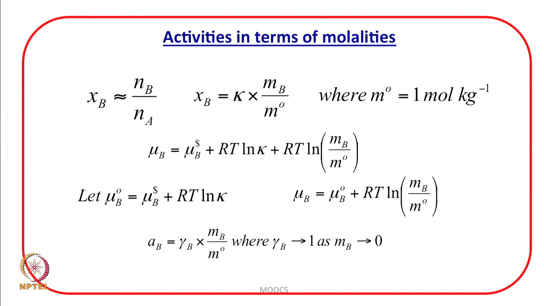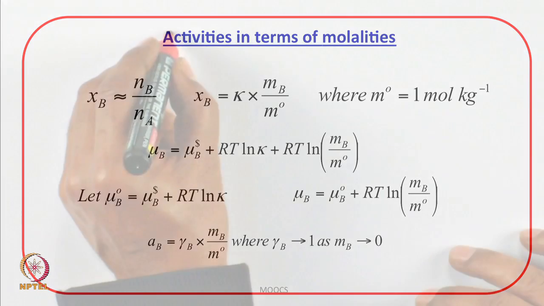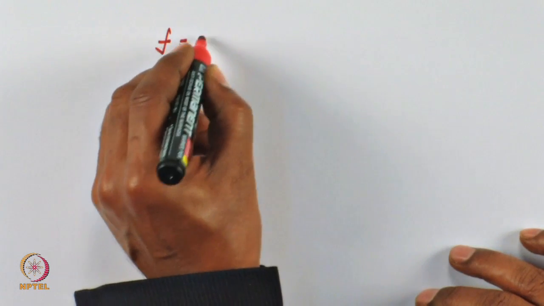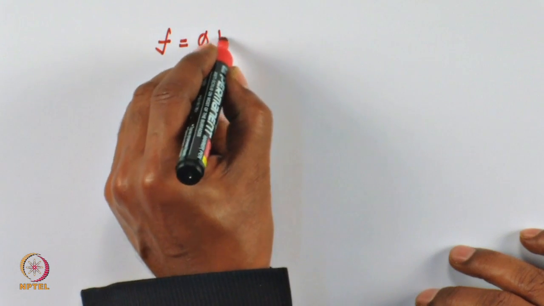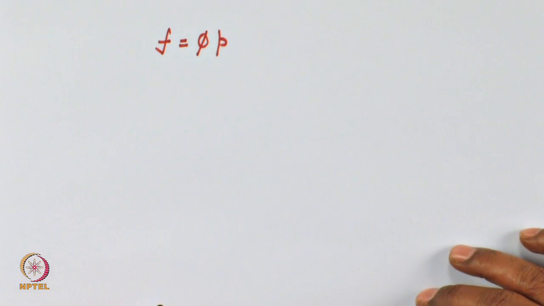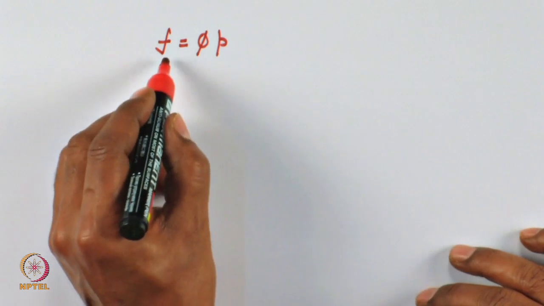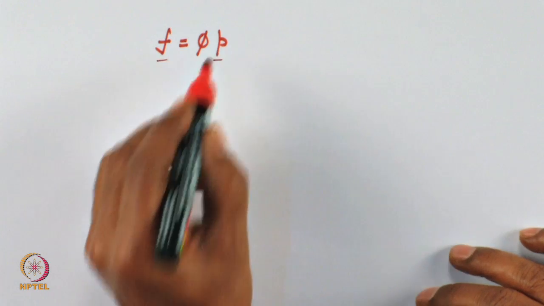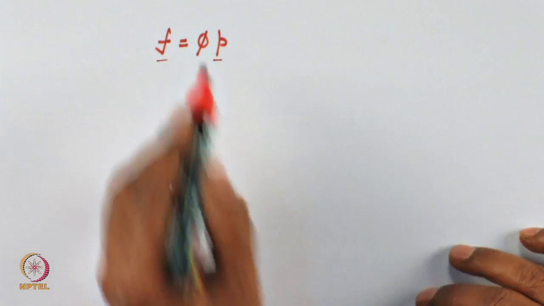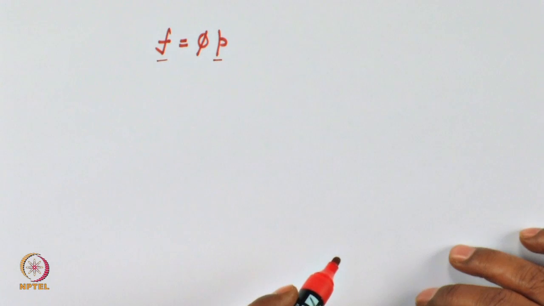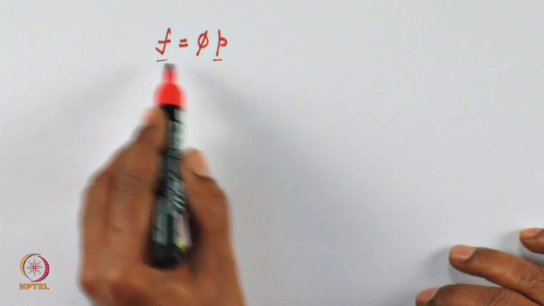One thing to be remembered here: when we were talking about fugacity, fugacity was equal to fugacity coefficient times pressure. And we discussed that the dimensions of fugacity are the same as that of pressure. Fugacity coefficient is a dimensionless quantity. The units of f and P are the same.